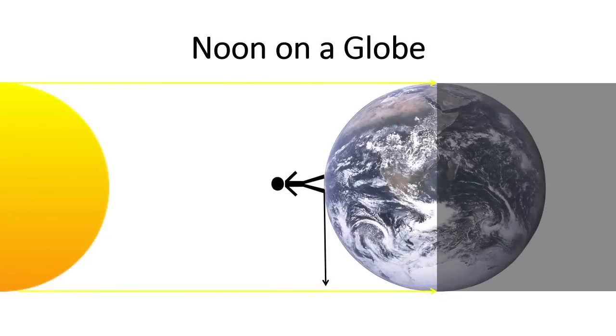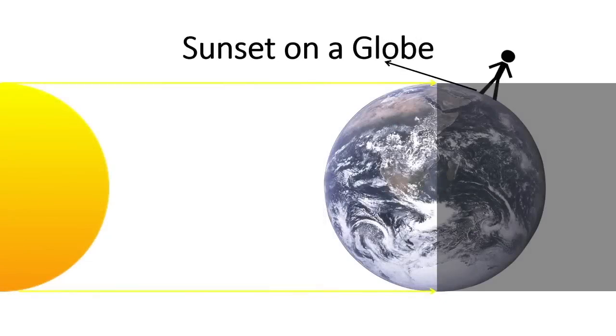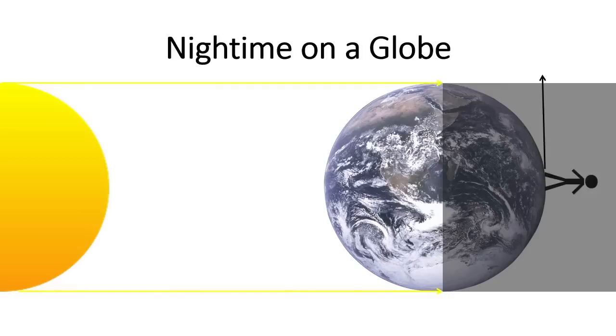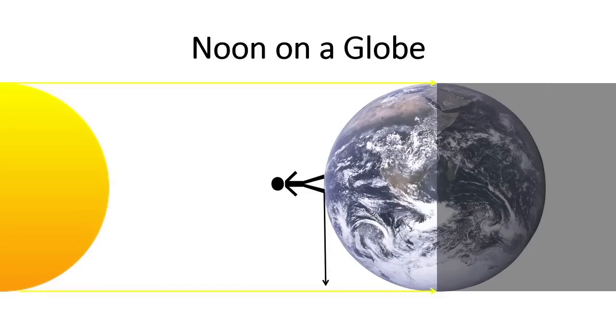Under the official story, the term sunset is actually a misnomer, because the sun isn't doing anything as you allegedly rotate away from the sun. But for simplicity, we're going to say that the sun is setting, moving, or dropping.